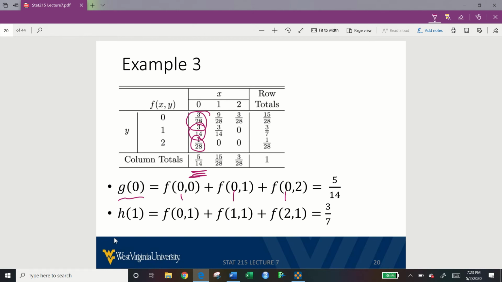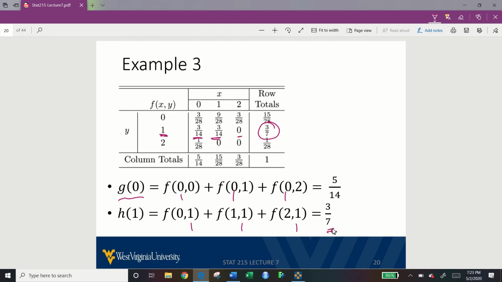For h of 1, that's going to be our f of x comma y case where y equals 1. So in this case, we have y equals 1, which means we would add 3/14 plus 3/14 plus 0, which would equal 3/7.